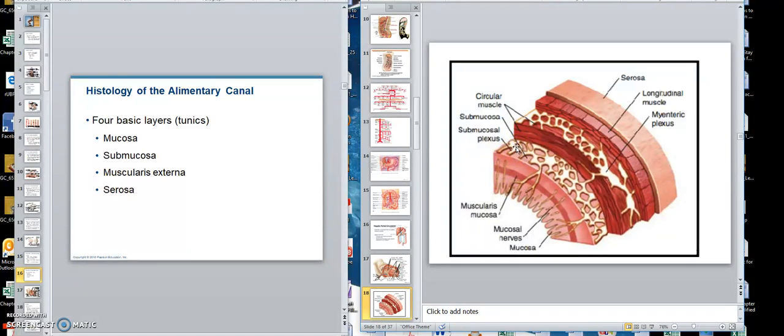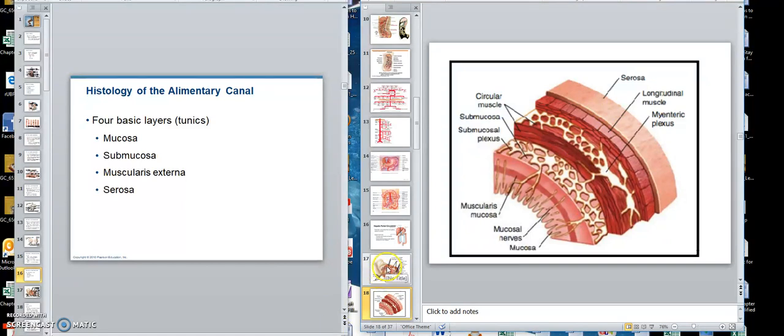Then we go to the muscularis layer, circular muscle and longitudinal muscle. The intestines can squeeze: circular muscle would squeeze down and longitudinal muscle would pull up. That helps with peristalsis and segmentation. And then the outer part is the serosa, which is attached to the visceral peritoneum.